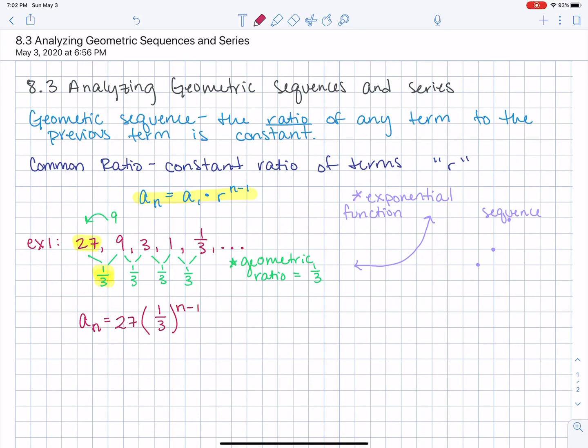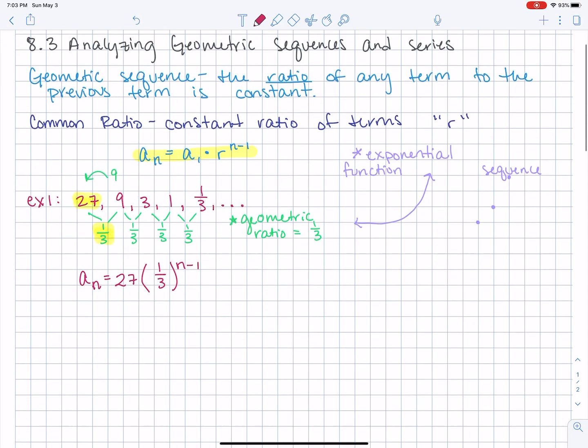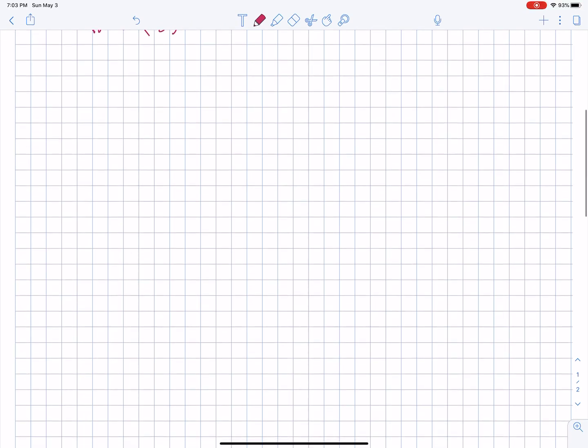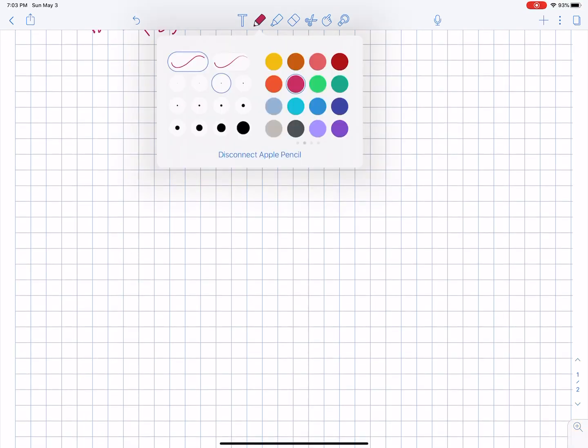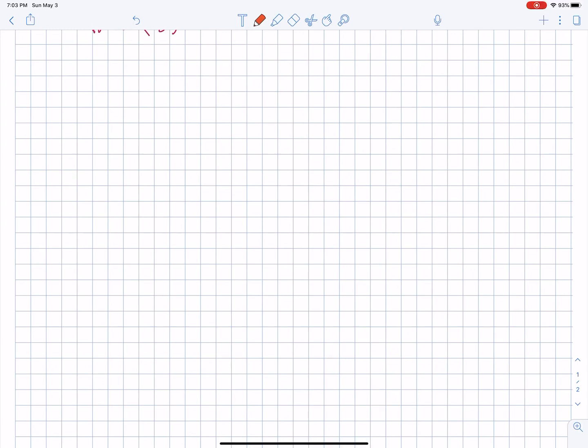So let's look at a few more here. Switch over to orange. We have example 2. Let's look at this sequence.